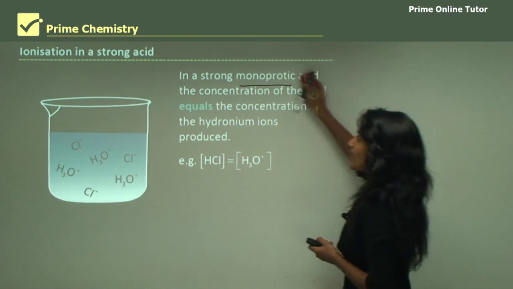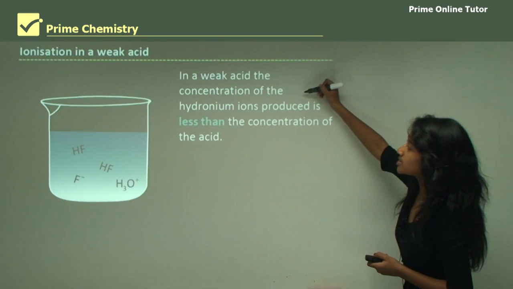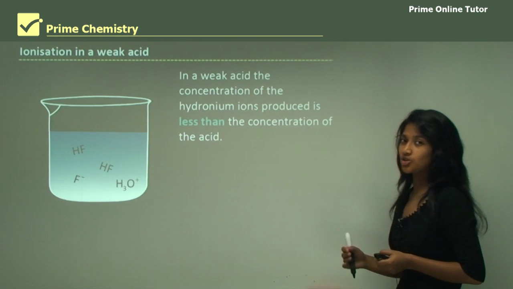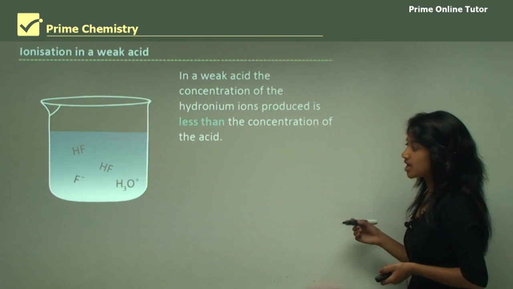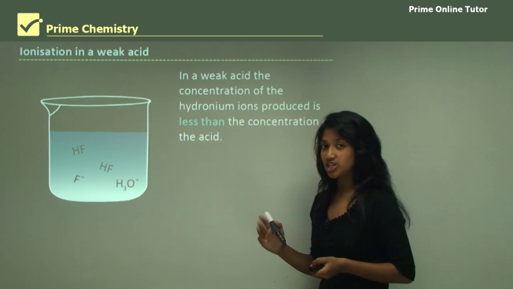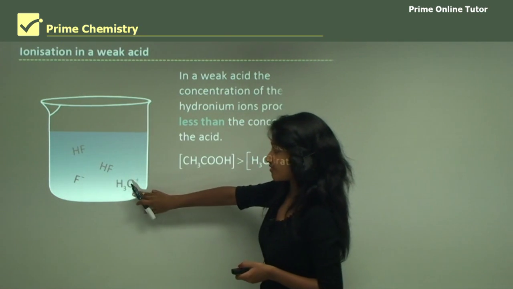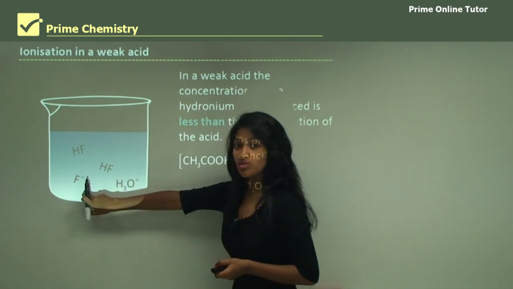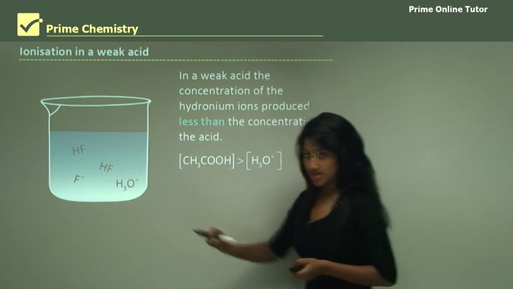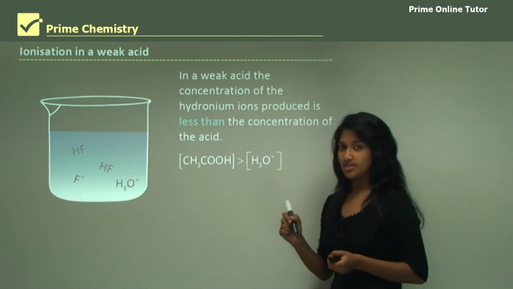Now let's look at the ionization of a weak acid. In a weak acid, the concentration of the hydronium ions produced is going to be less than the initial concentration of the acid. So for example, here we can see that there were 3 HF molecules, and then we only have 1 H3O plus and 1 F minus, meaning that out of the 3, only 1 of them dissociated.